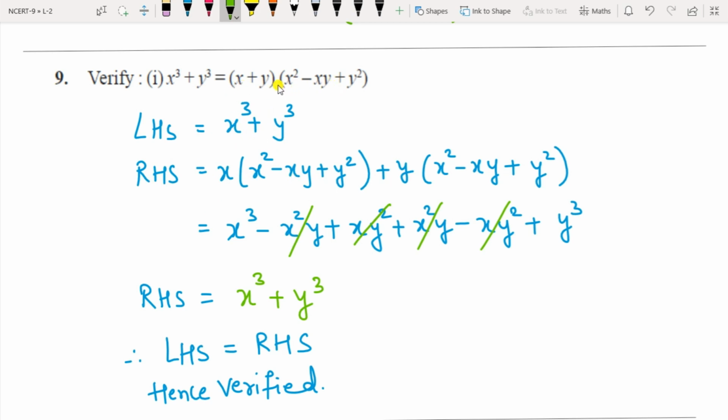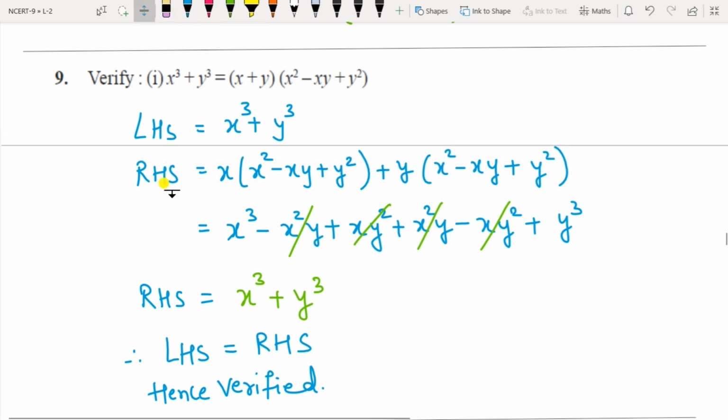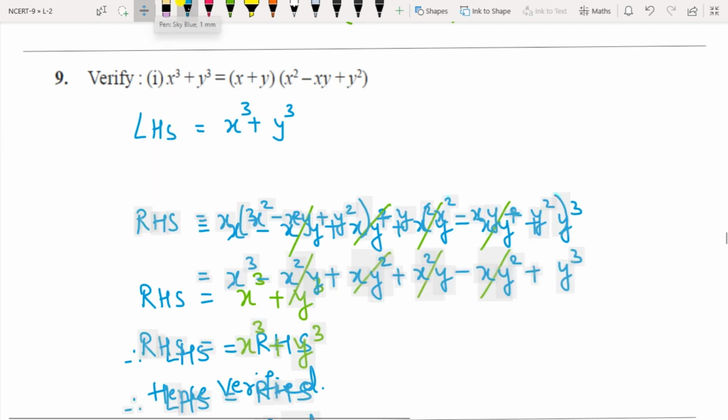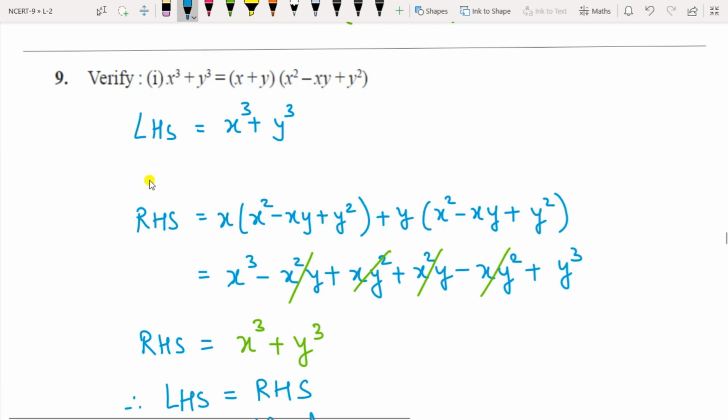Now what you are going to do, I have written the step directly here. Instead I will make a space and write the right hand side. So right hand side is given in the question, that is x plus y and x square minus xy plus y square.